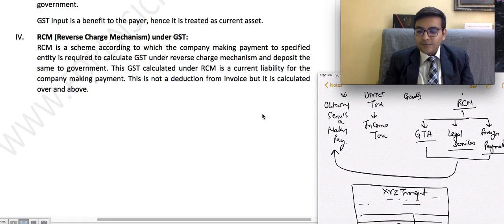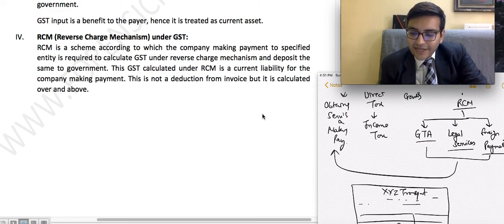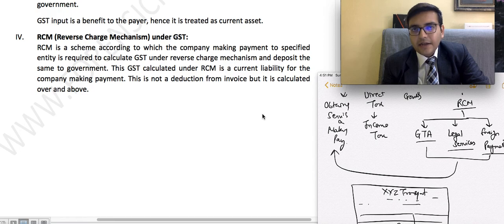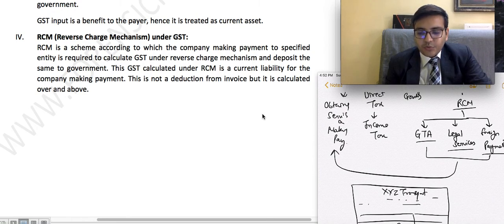And what are the rates of reverse charge mechanism? See, it is different on a case to case basis. I would suggest that it would be better if you go to any industry expert and take a consultancy on how much the rate should be, because it differs on various things. There are various aspects to it, but I would say the general rate would be CGST and SGST 9%.